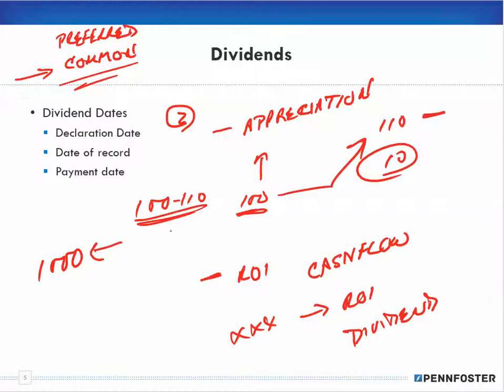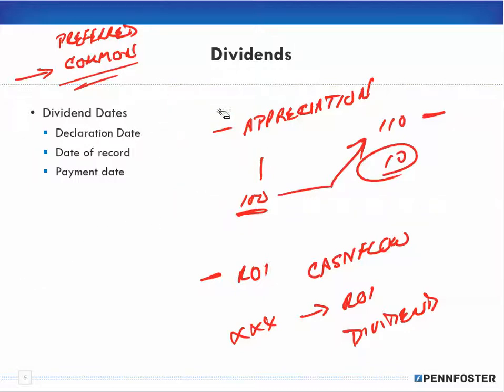I'm going to take my money out of that stock, and I'm going to go buy another stock that's either appreciating or paying out a dividend. So companies will pay dividends in order to keep the investors invested in the business. So that's what a dividend is.